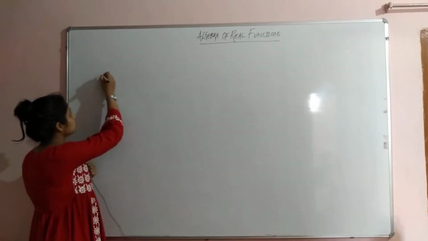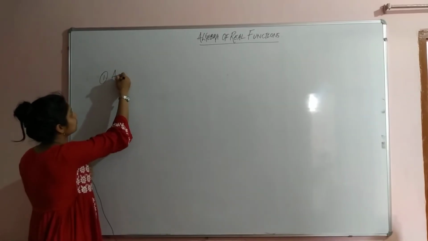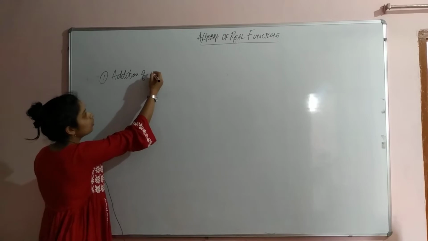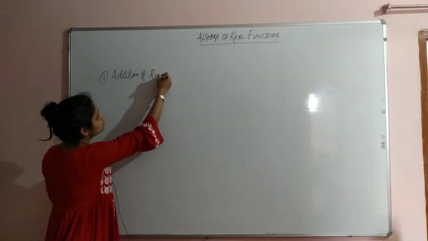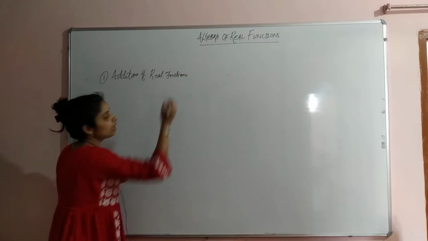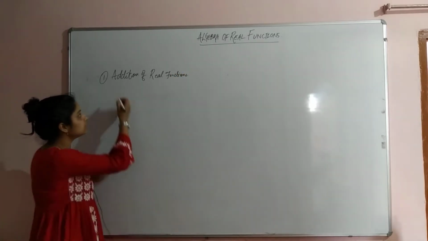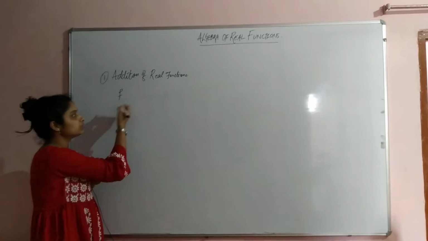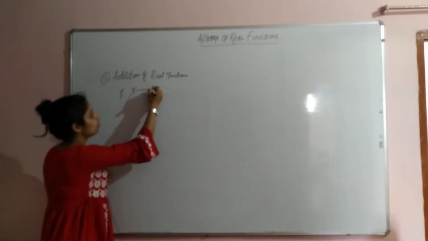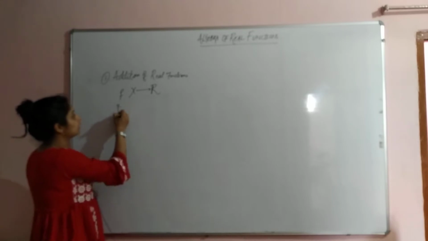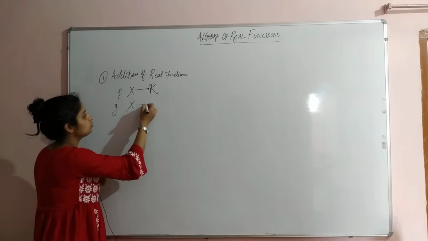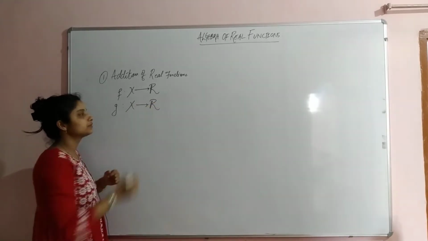So first is addition of real functions. Let us suppose there is one real function f from a set X to the set of all real numbers, and let us consider another function g from a set X to the set of all real numbers.